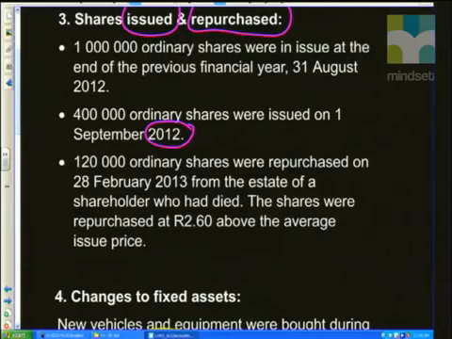And I'm also told that 120,000 ordinary shares were repurchased on the 28th of February from the estate of a shareholder who had died. The shares were repurchased at 2.60 Rand above the average issue price.